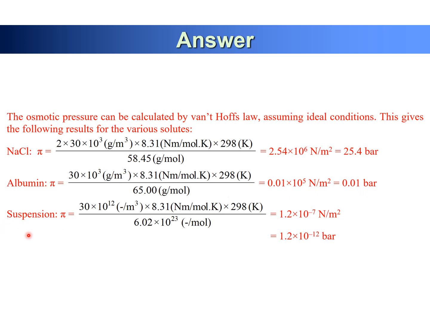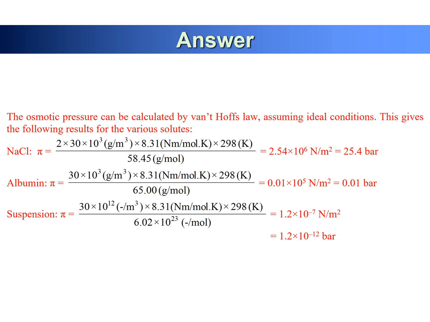And for the suspension, it's just particles. So we utilize the 6.02 times 10 to the power of 23 number, and the 30 concentration and the R value, K value, and finally we have a very low osmotic pressure for suspended material.